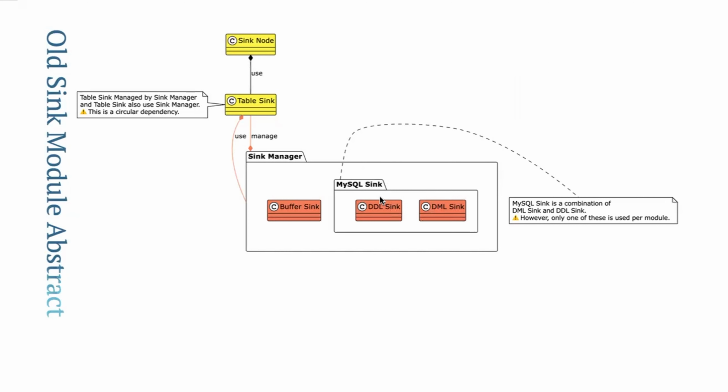For example, for the owner module, we only send the DDL to the MySQL server, so we only use the DDL part. But for the processor, we need to send a bunch of row changes to the downstream, so we only use the DML part.